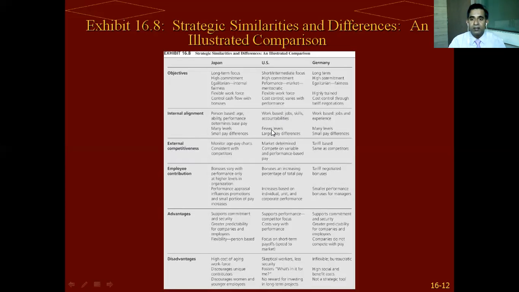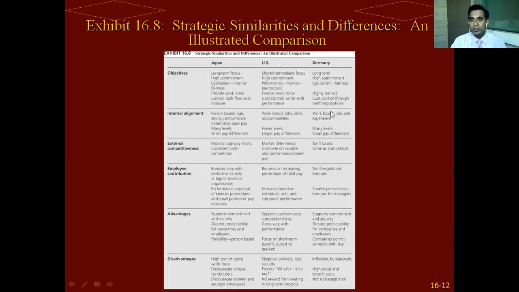And there are fewer levels in the internal structure of US employers, whereas in Japan there are many levels. There are small pay differences among the different levels in Japan, whereas there are larger pay differences among the different levels of internal structure in US.